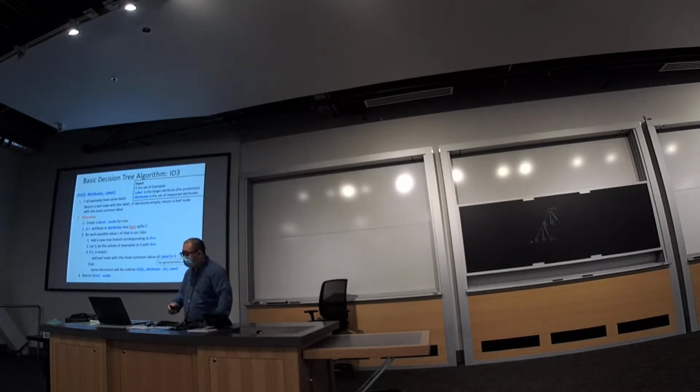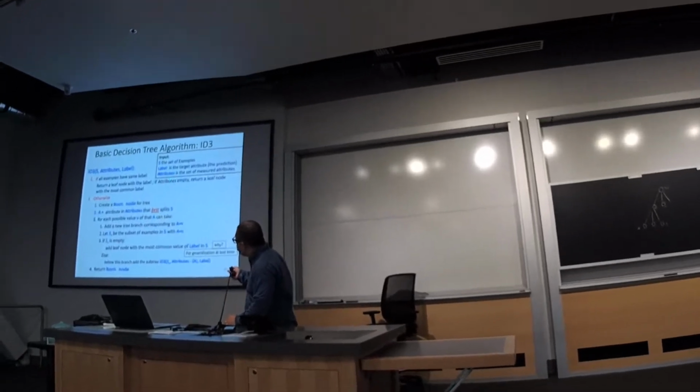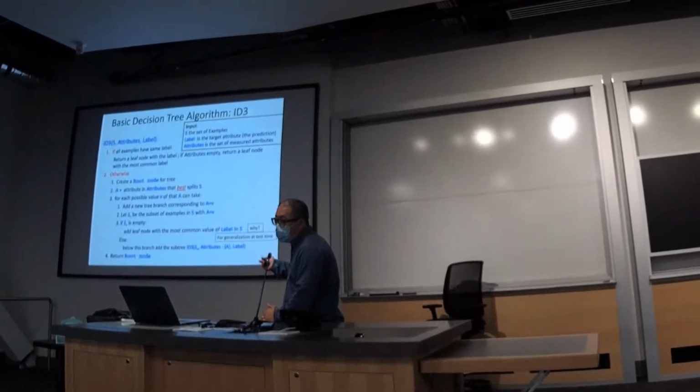Okay, so I want to emphasize two corner cases because this algorithm is really intuitive, I believe, for most of you, or for all of you. But just beware of the two corner cases. First, if the attributes have already been emptied, stop and create a leaf node. Second, if some subset along a branch is empty, right, you still need to create a leaf node.